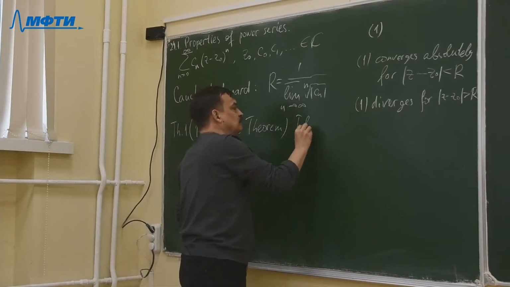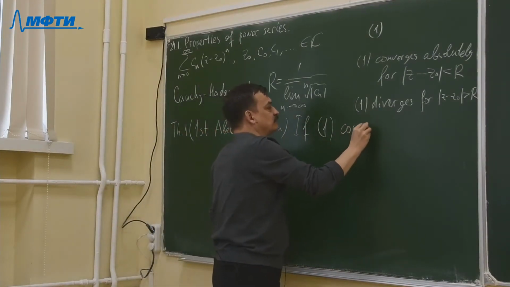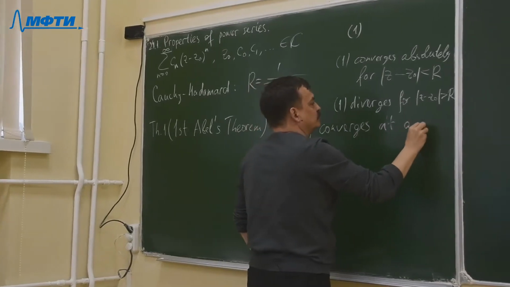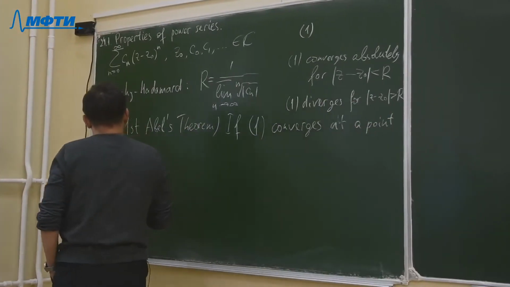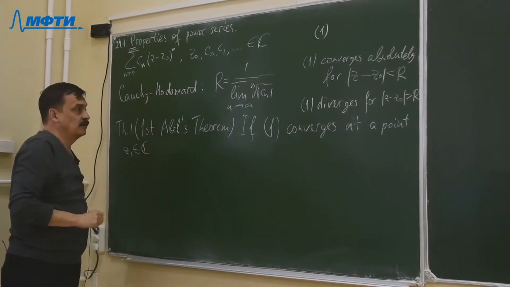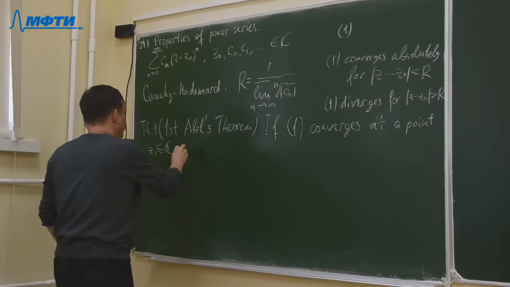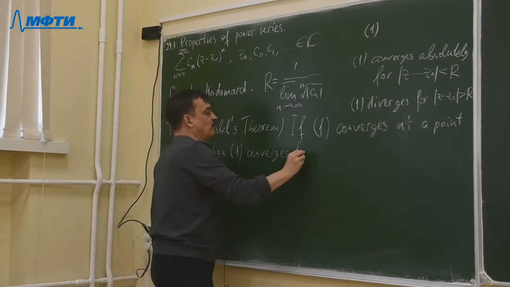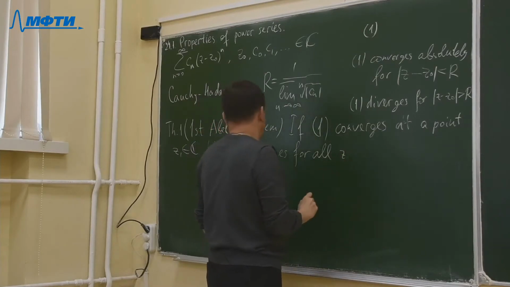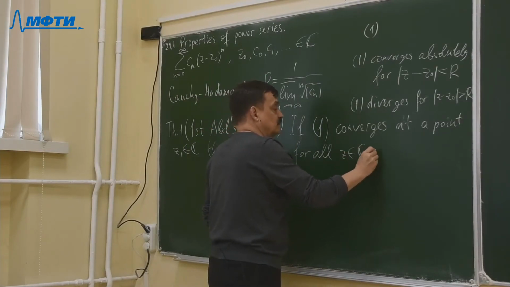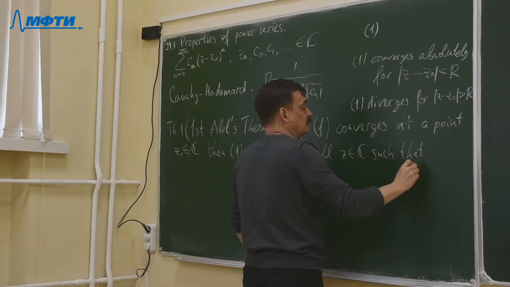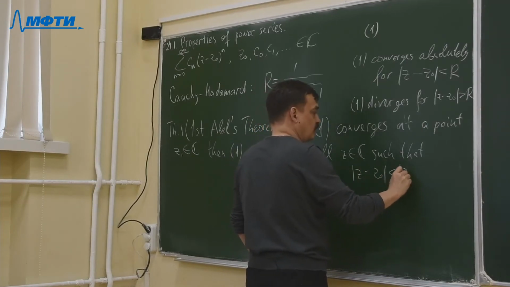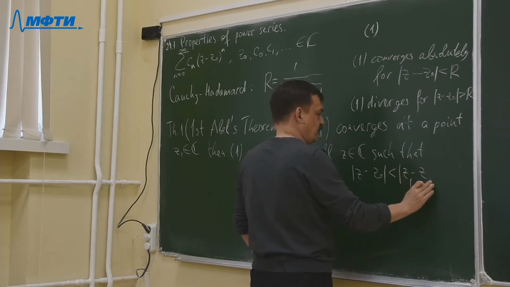If (1) converges at a point z1, a complex point, then (1) converges for all z such that modulus of z minus z0 is less than modulus of z1 minus z0.